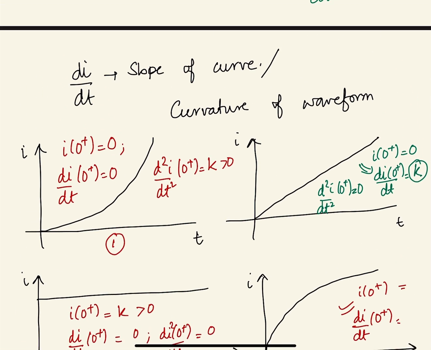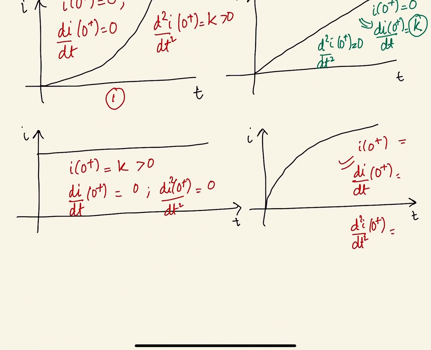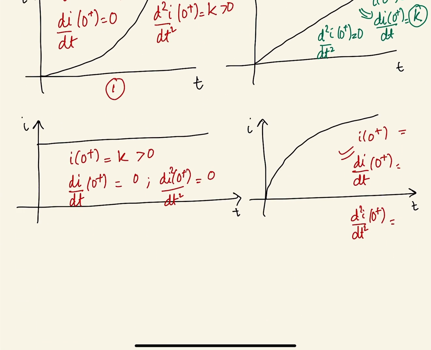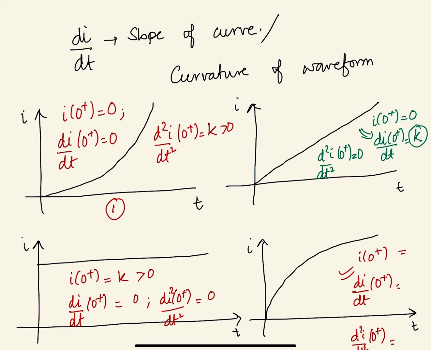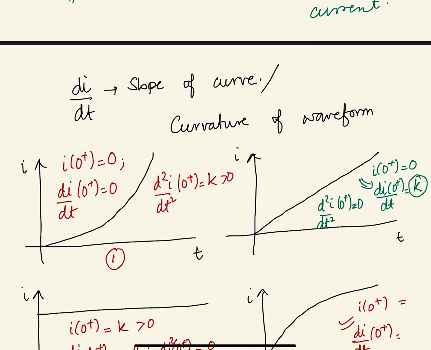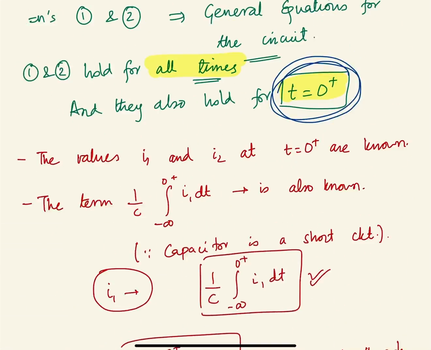With this I'll stop this session, and I hope you have understood the importance of evaluating these initial conditions and how to deal with initial condition based problems. Let me do a quick recap from where we started.